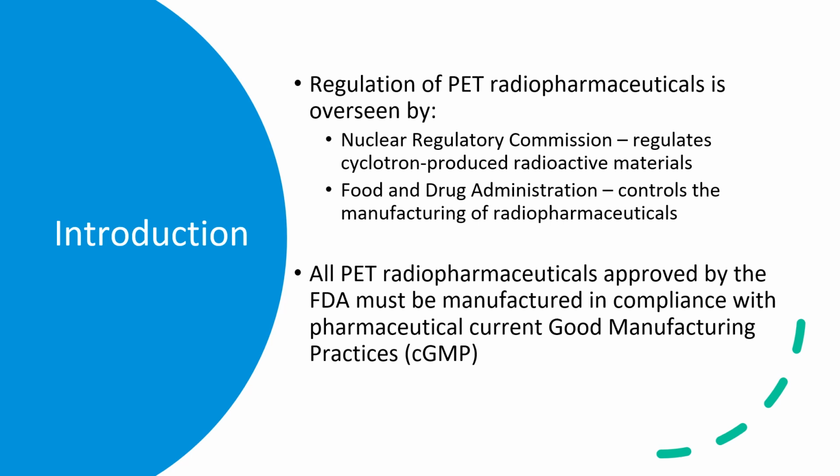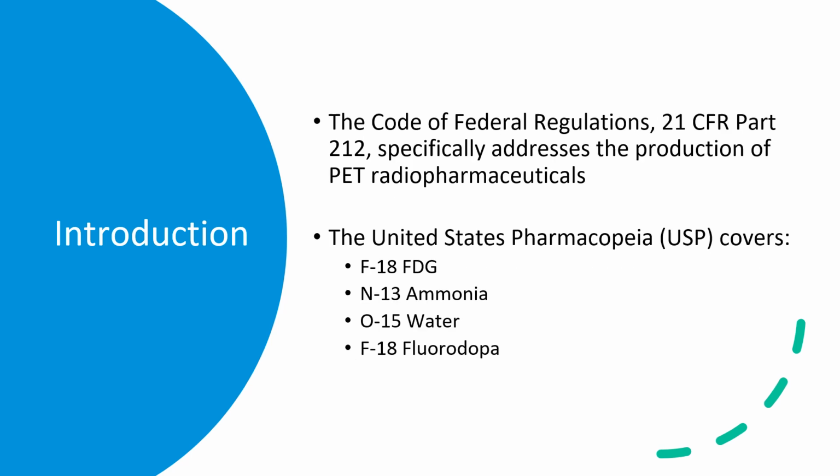All PET radiopharmaceuticals that are approved by the FDA must be manufactured in compliance with good manufacturing practices. The Code of Federal Regulations, 21 CFR Part 212, specifically addresses the production of PET radiopharmaceuticals.